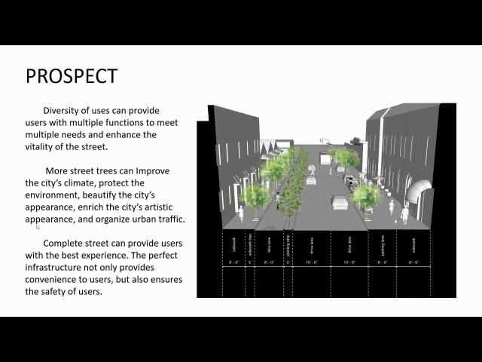This is the third part of this project, prospect. Diversity of use can provide users with multiple functions to meet multiple needs and enhance the vitality of the street. And for the green space, I think more street trees can improve the city's climate, protect the environment, and provide shade for pedestrians.